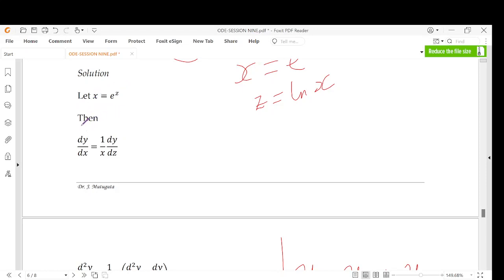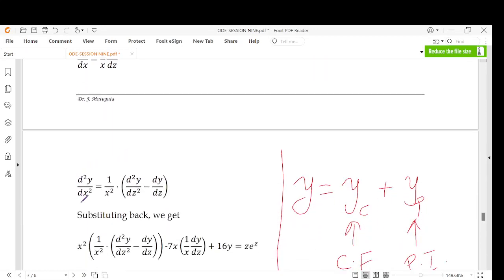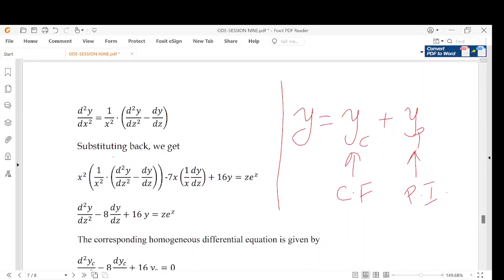If you use that transformation, then dy/dx becomes 1 over x dy/dz. Then d squared y by dx squared becomes 1 over x squared times d squared y by dz squared minus dy/dz. You substitute those expressions, and the equation is reduced to a second order ordinary differential equation with constant coefficients. Then you can solve using the normal method that you have used for other equations.